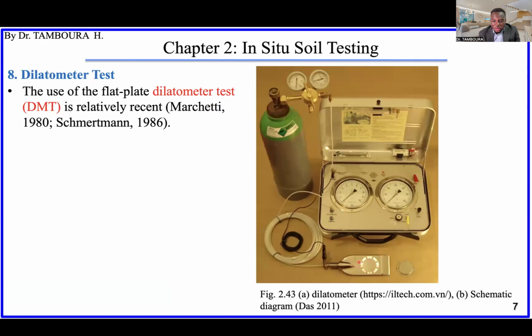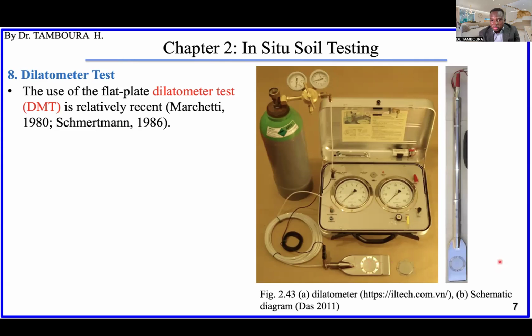This dilatometer can be connected to rods like this. You can see like a cone penetration rod, and it can be pushed into the ground. You can see this cable here, same as here.